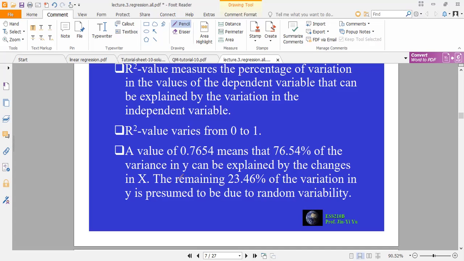If this was R squared for sales against advertising, we would say 76% of the sales are rising from the advertising efforts that were enacted by the advertising department or the marketing department. But the remainder, the 23% of the variation, was due to random variability.